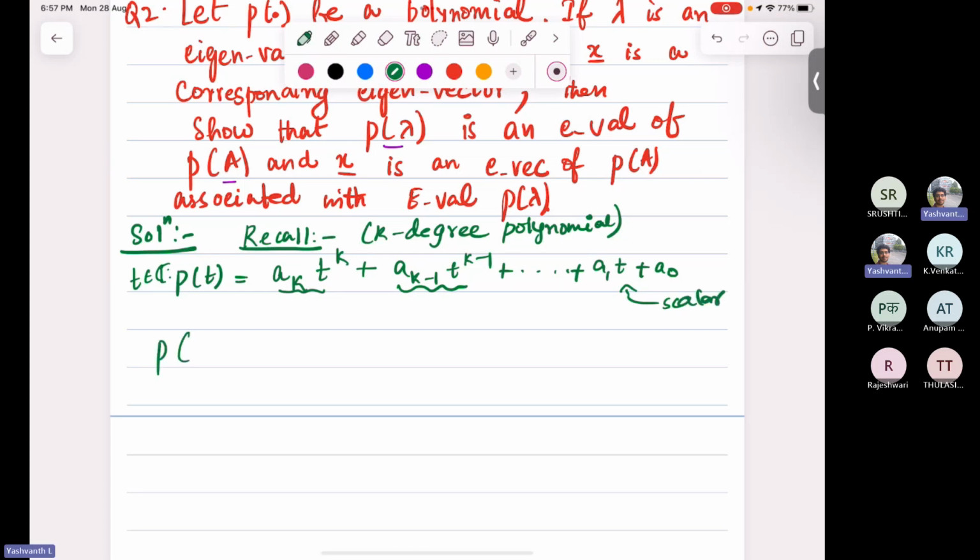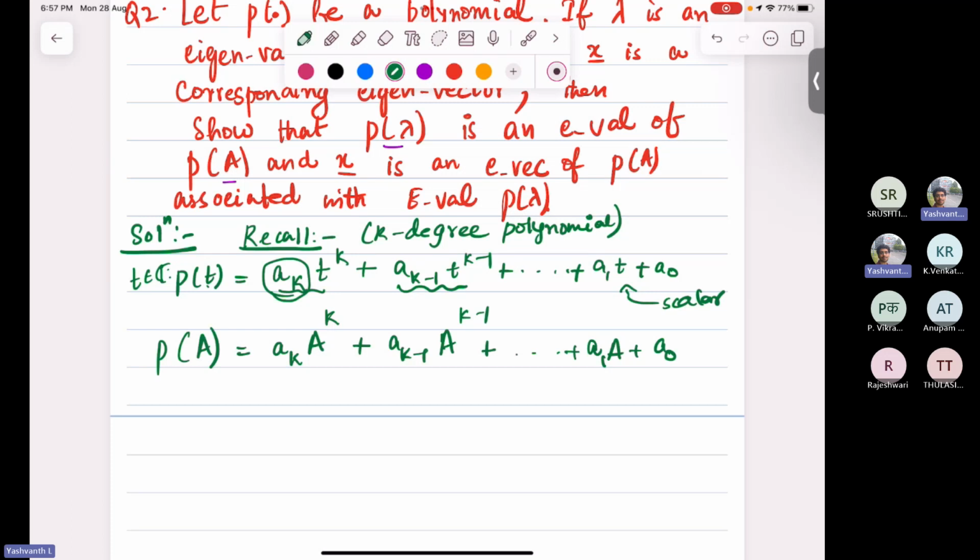Now what is P of A? Just replace t with the matrix A. So a_k A^k, a_(k-1) A^(k-1), all these small a's are scalar numbers, and so on until a_1 A plus a_0. Can anyone tell me what I should do?